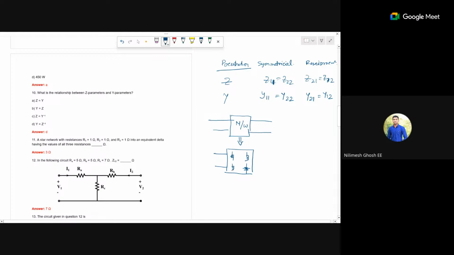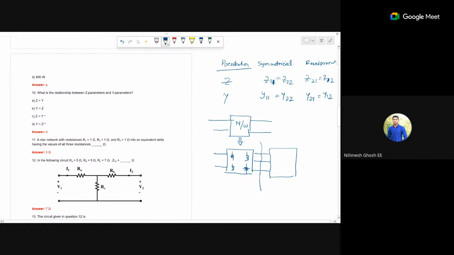If the second half is exactly the mirror image of the first, as if we placed a mirror in the middle, then that circuit is called a symmetrical circuit.